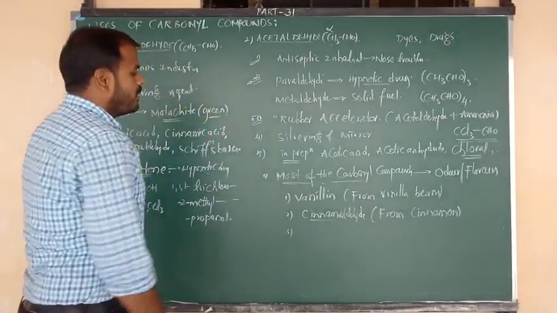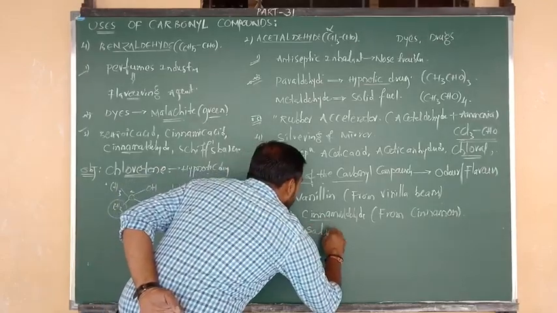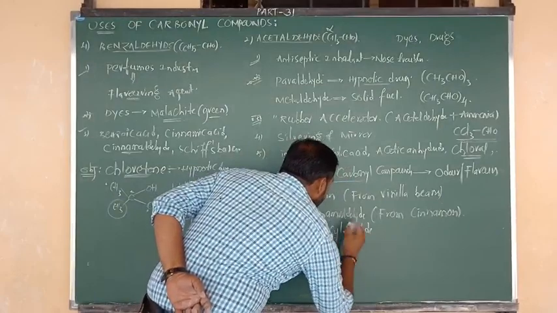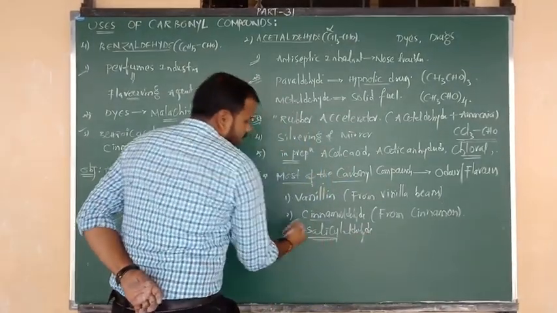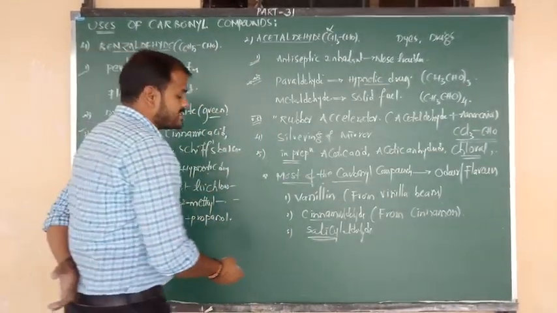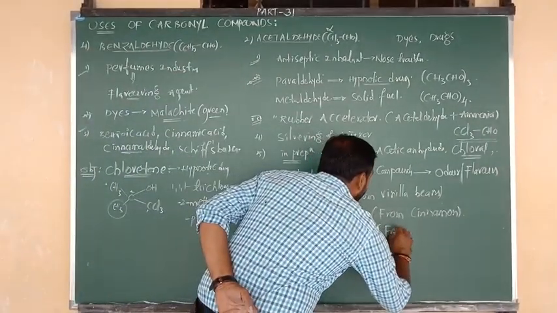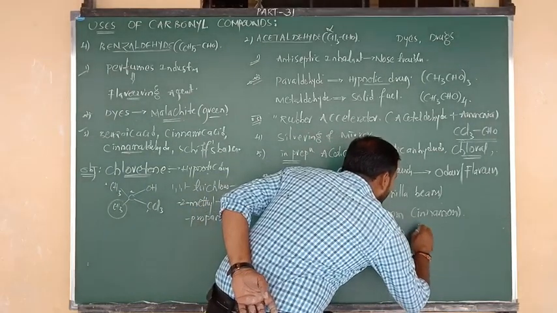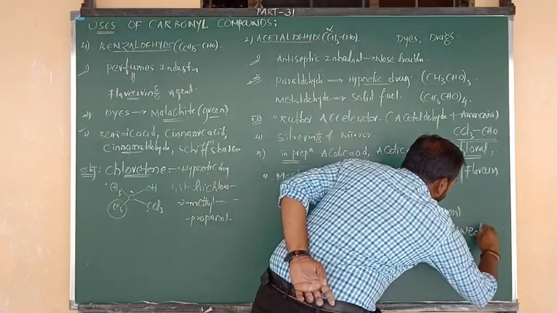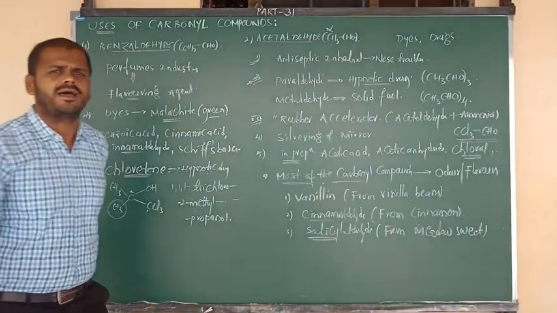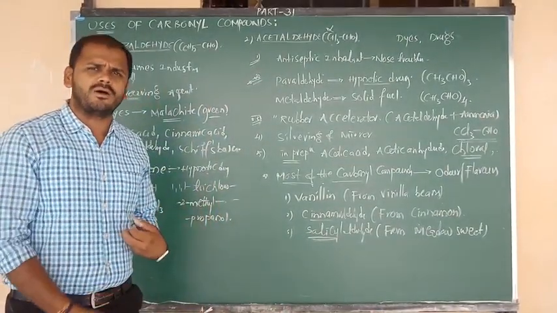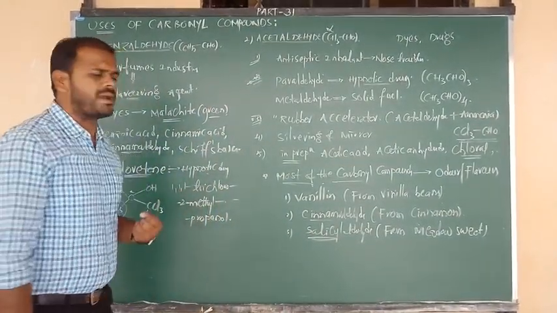One more compound is salicylaldehyde: benzene bonded to CHO, with the next carbon connected to an OH group. It is obtained from meadowsweet, a type of herbaceous plant, and is also well known for its fragrance.